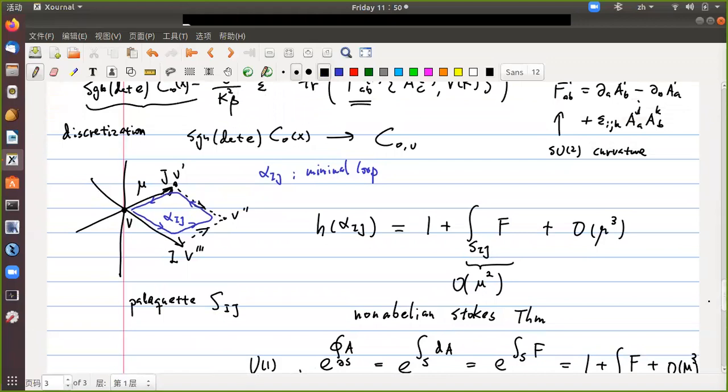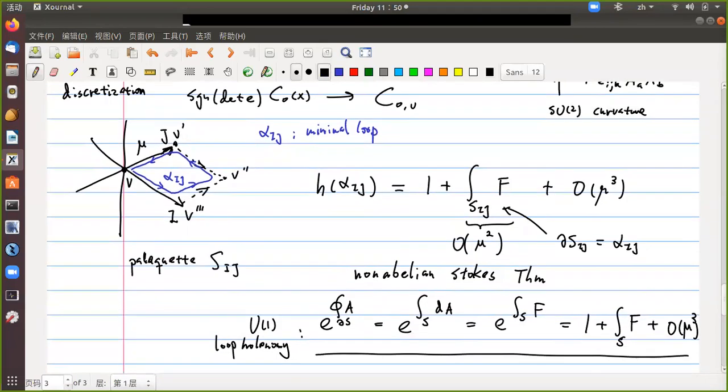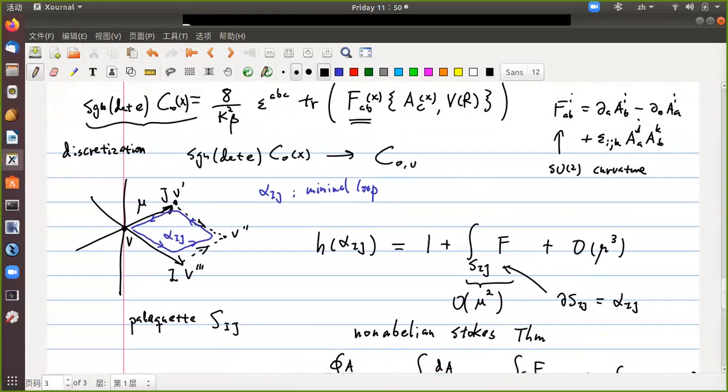This is plaquette S, and this partial S ij is just our loop alpha ij. Now what I'm writing is just the integral of a two-form.